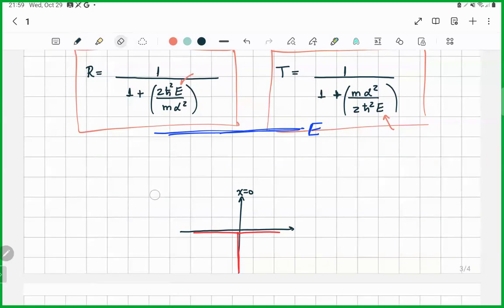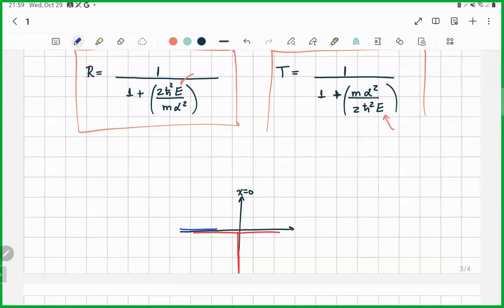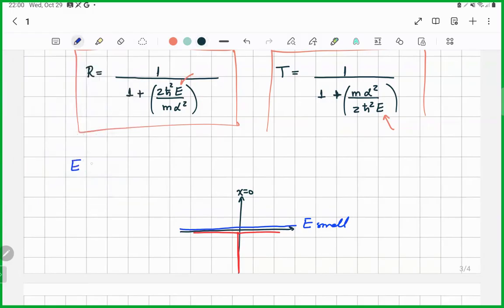Let's get rid of this. And now let's think about the energy being very small. If the energy is so small, it is almost touching there. So if the energy is so small, then what do we have now? Again, let's come to the reflection coefficient. If the energy is tiny, and we come to the reflection coefficient, we have 1 plus something tiny.